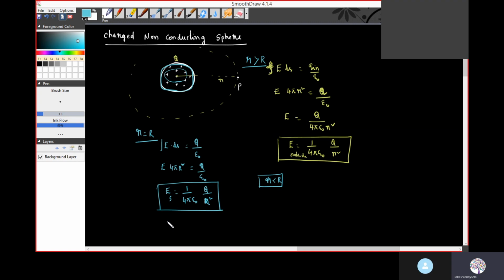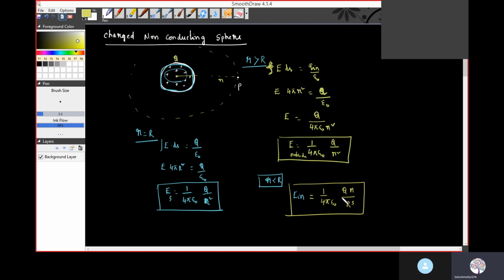So at a distance r, the electric field inside is equal to 1 by 4 pi epsilon naught Qr by R cube.